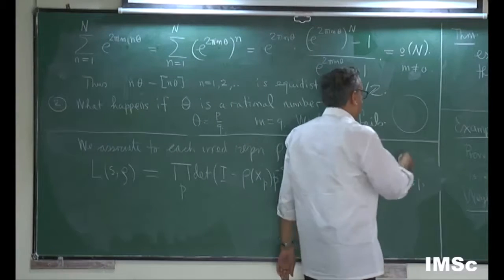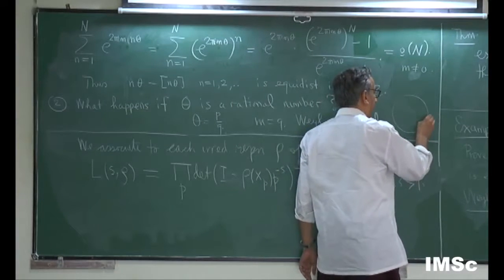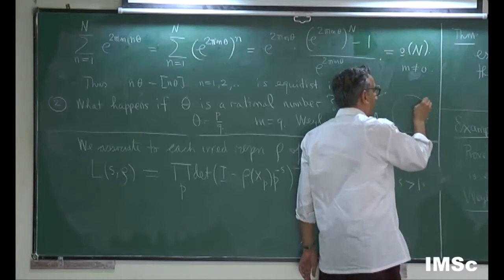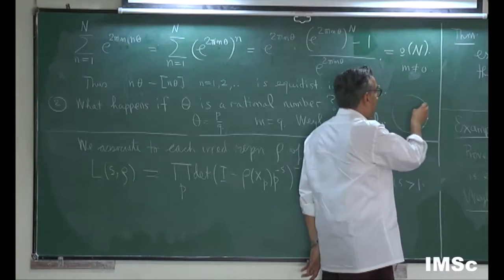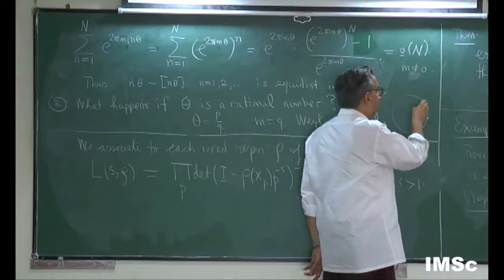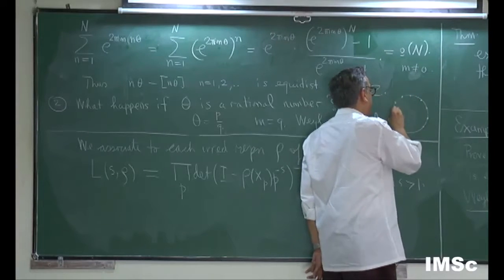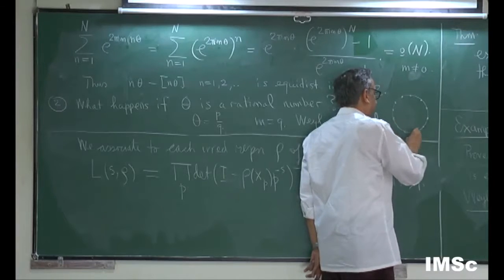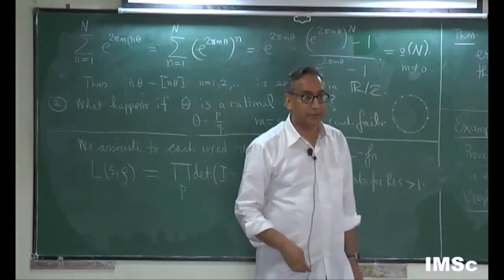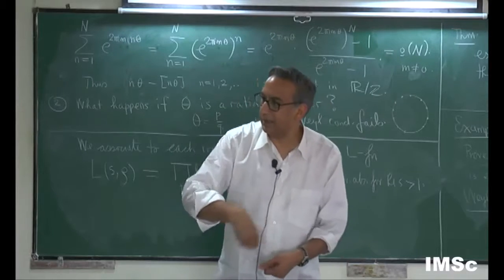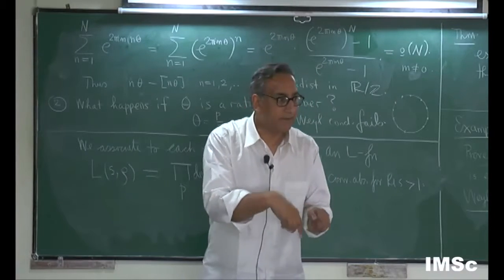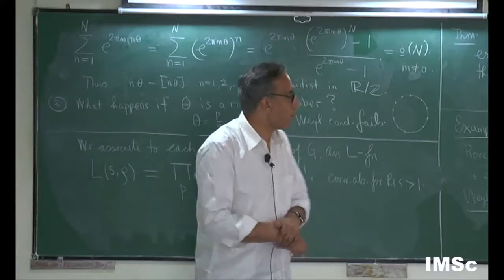So as I move through, it's only taking some fixed values and never moving continuously through. It's a very discrete kind of thing. There are these big gaps, so clearly it's not equidistributed. To say the sequence is equidistributed means it fills up the space, as it were.